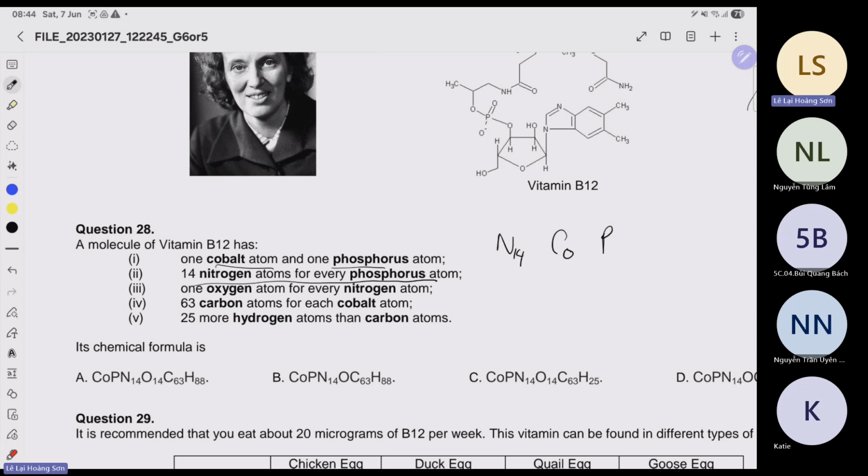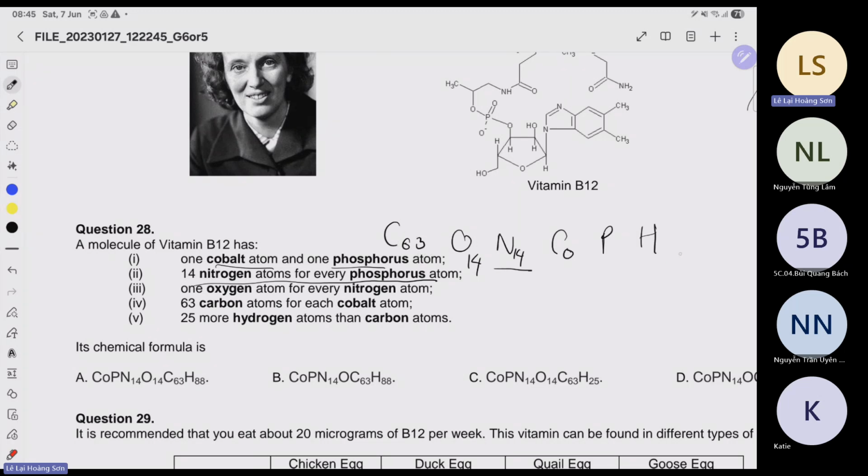One oxygen for every nitrogen, so you have 14 oxygen as well. 63 carbon for one cobalt, so C63. 25 hydrogen more than the number of atoms of carbon, so just add 25 to it.